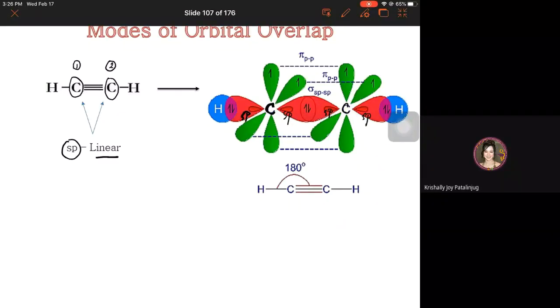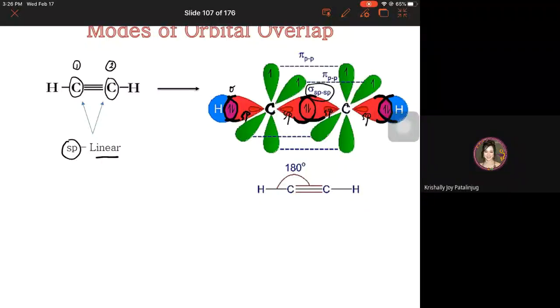Okay? One of its sp orbital overlaps, okay, end to end with the sp orbital of another central carbon. The other sp orbital overlaps with the 1s orbital of hydrogen, forming a sigma bond. So, this is a sigma bond. Ito din, sigma bond, sp to sp.